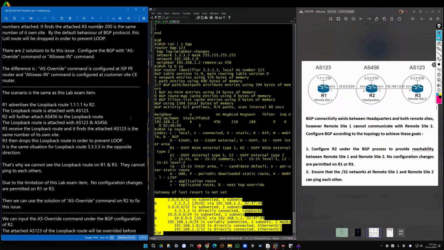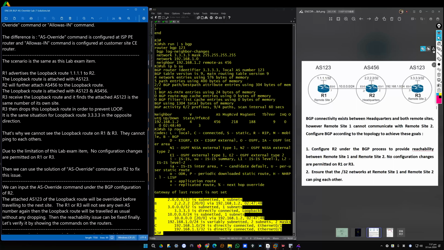The scenario is the same as this lab exam item. R1 advertises loopback 1.1.1.1 to R2. The loopback route is attached with AS number 123.